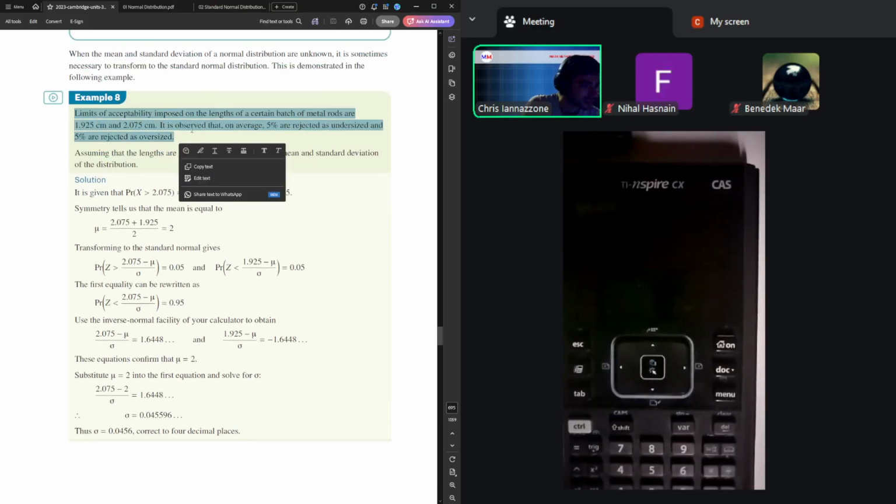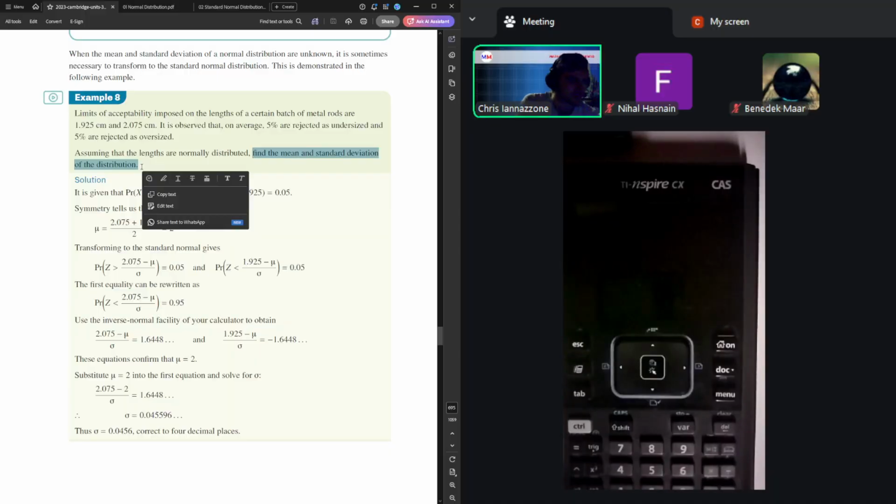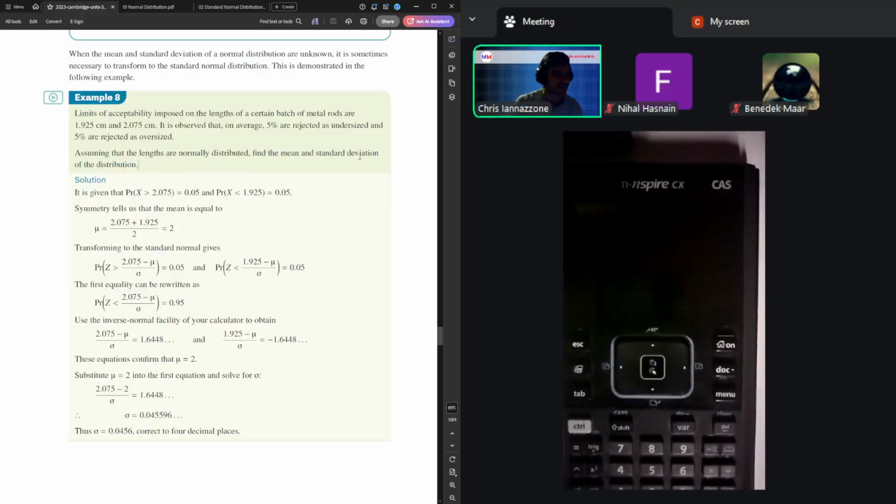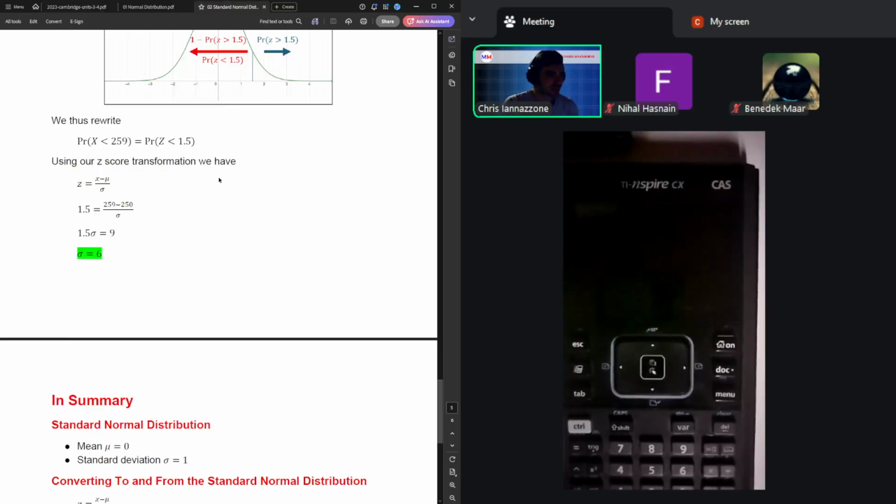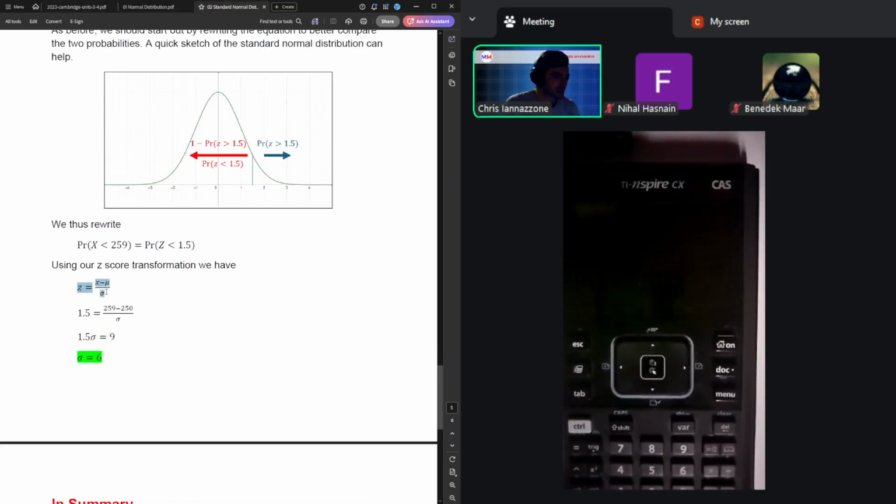These kinds of questions are kind of nice. You're given X related information, you're given probability related information, and because it's saying find mean and standard deviation, anytime you're trying to find a statistic, it's going to be this Z equation here. And because you're trying to find both, that's going to be setting up a simultaneous.